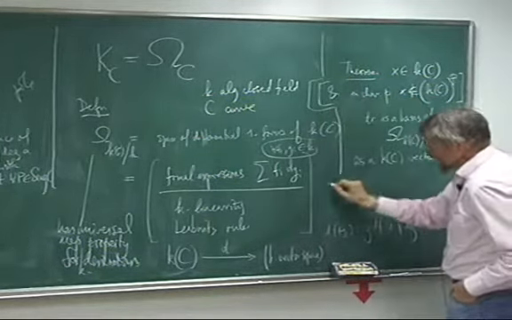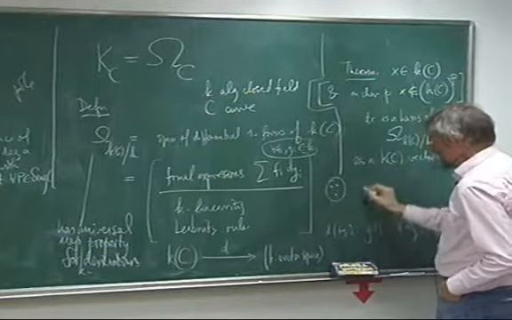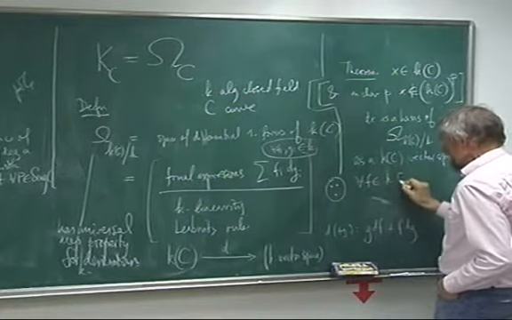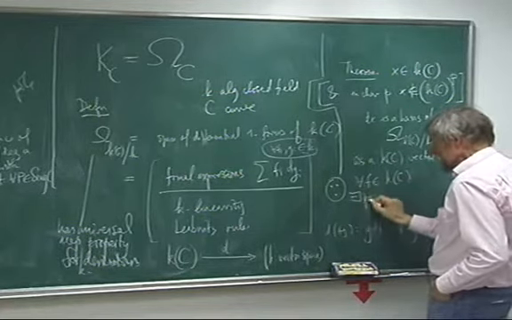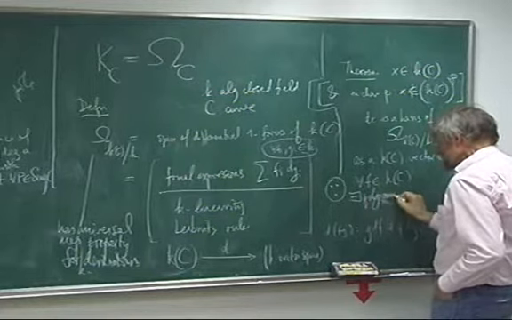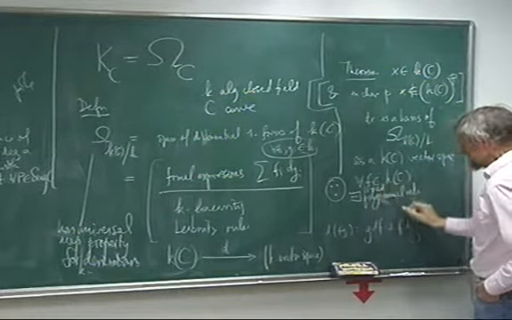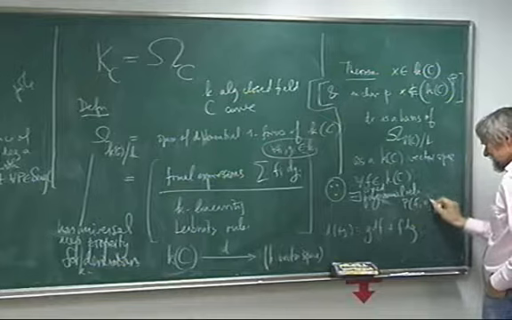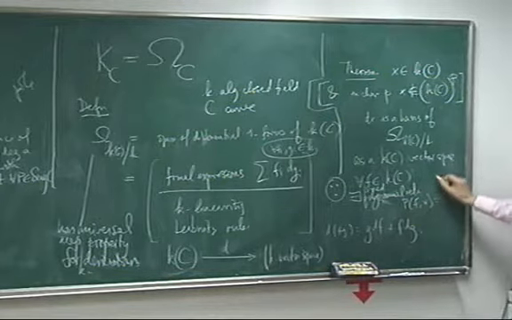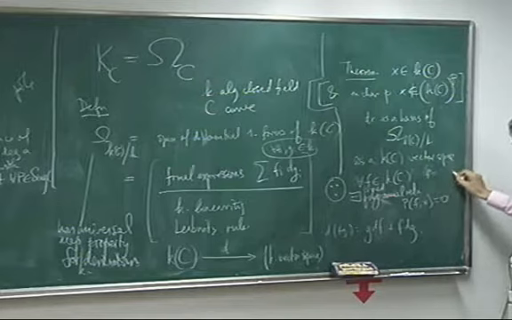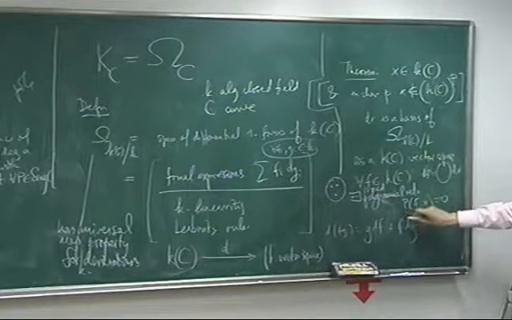Because for all f in Kc, there exists an irreducible polynomial relation p of f and x equals 0. Then I do df by dp, and this says that df is something times dx. And this is just obtained by implicit differentiation.